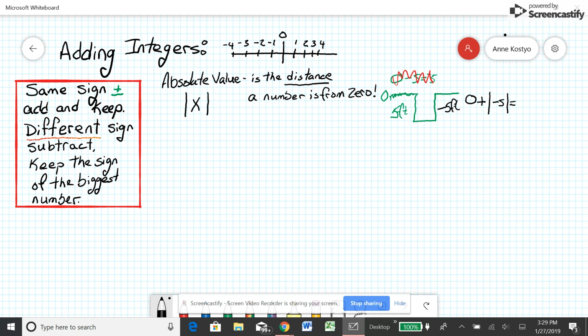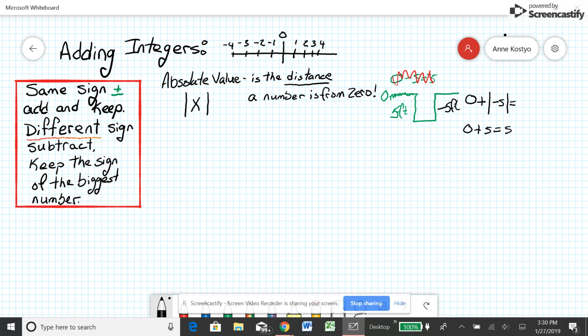Now we know the distance of our pit. Since we realize that we have the absolute value of -5, we'll make it positive. So this will become 0 plus 5, which is equal to 5.